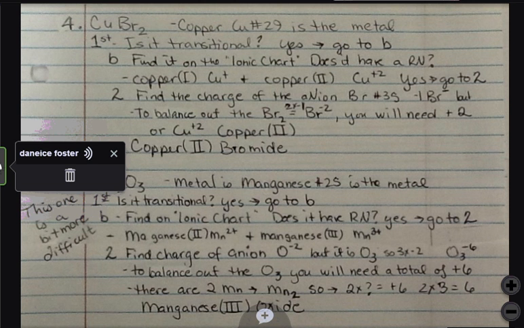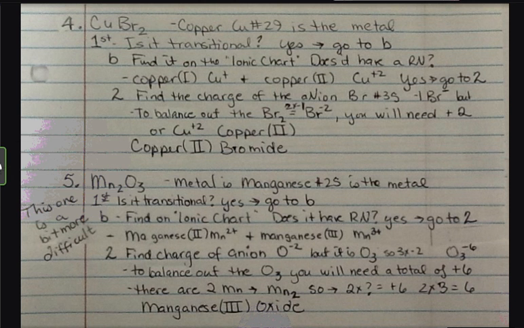Example number 4. Here again, we have Cu, but it's Br2 this time. So something's going to be different here because a while ago we had CuBr. Copper is our metal.